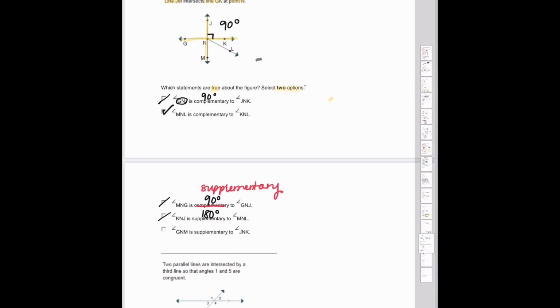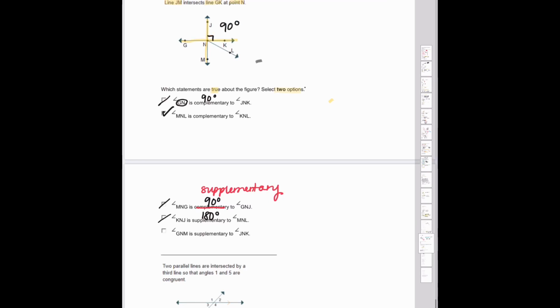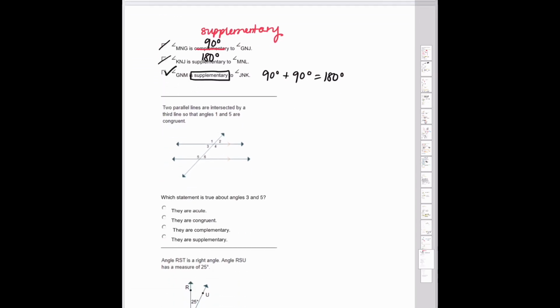We know that J and K is an opposite angle or vertical angle to G and M, which means they are congruent. If you add those two angles together, 90 plus 90 equals 180. We know that supplementary angles are two angles who, when added together, equal 180, so that is in fact our answer. Let's look at the next problem.